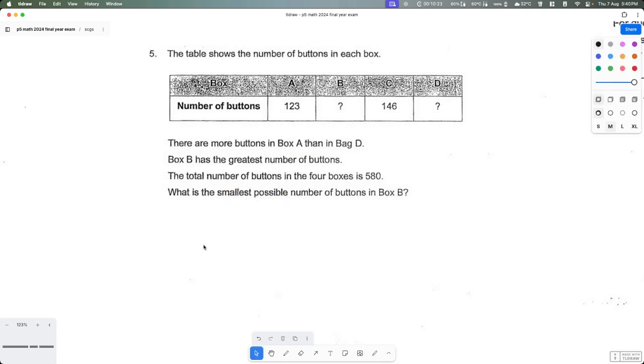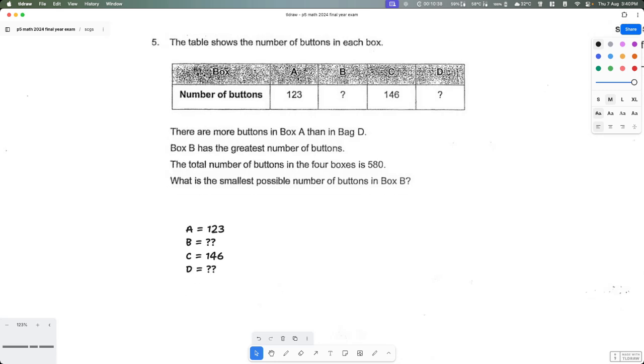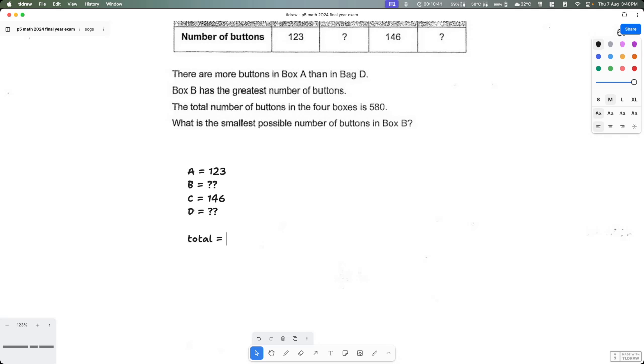Okay, so we know that A is 123, B we don't know, C we know is 146, and D we don't know. We know the total is 580.